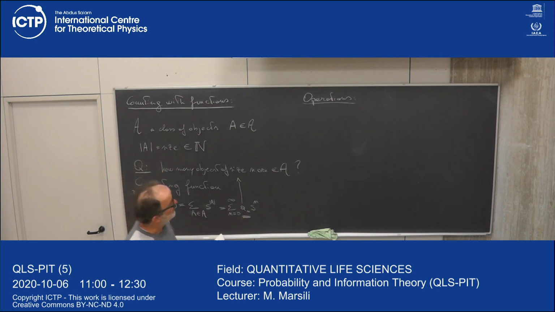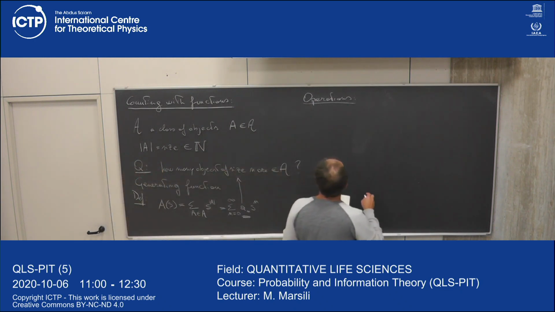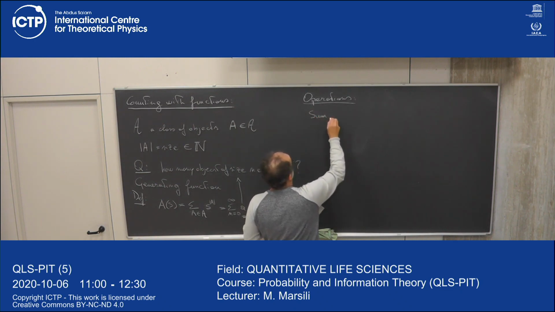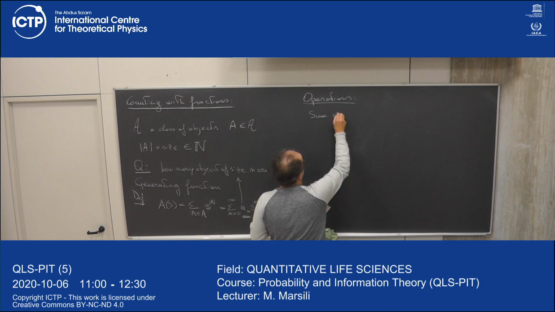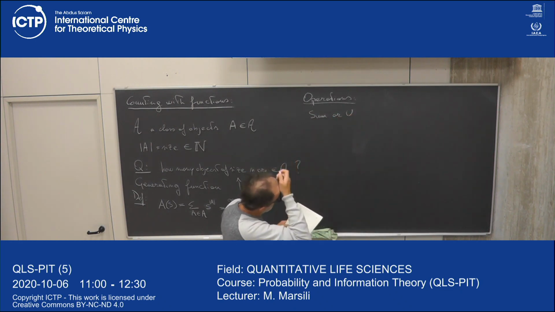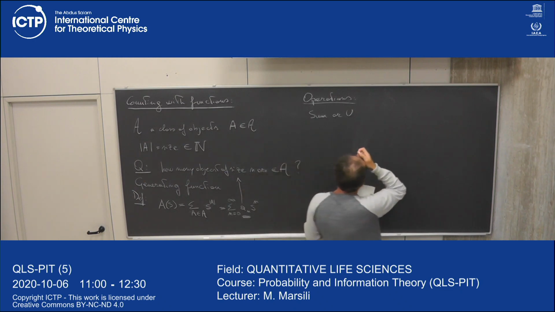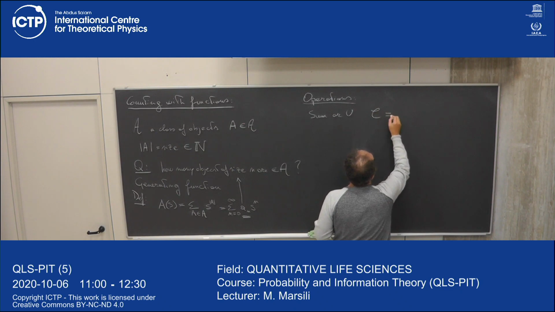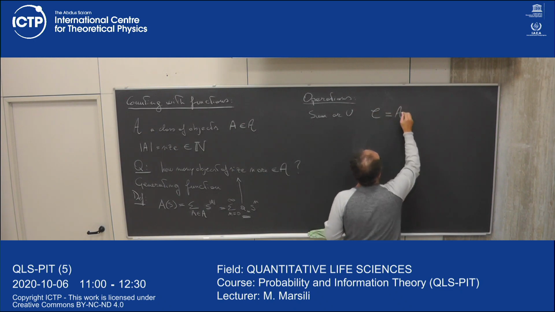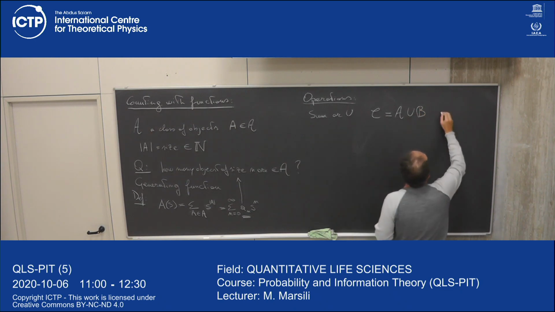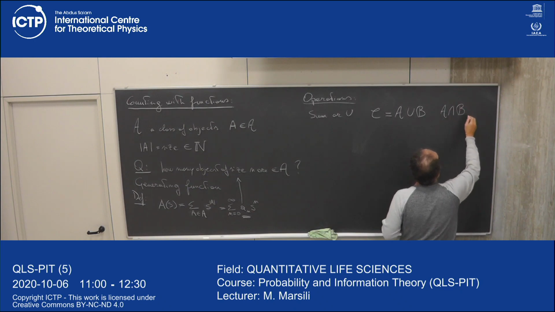Okay, so the first operation that we are going to consider is the sum, or the union. This means that we are interested in a class of objects C that is the union of two different classes of objects A and B, when these classes do not intersect.